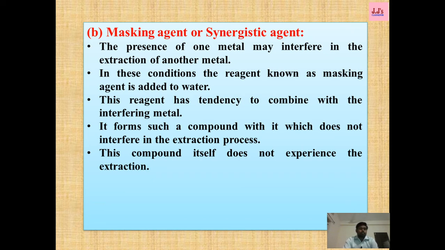This compound itself does not undergo extraction either. The question may arise in your mind: when you add the masking agent and it combines with the interfering ions, is it also extracted? No, the complex formed by the masking agent with the interfering ion also does not undergo any extraction.